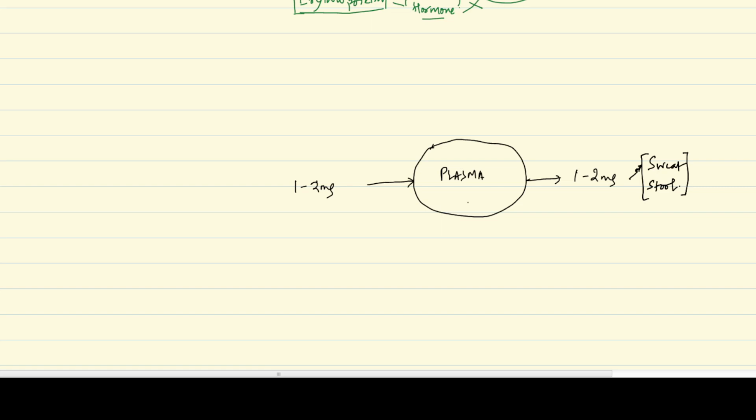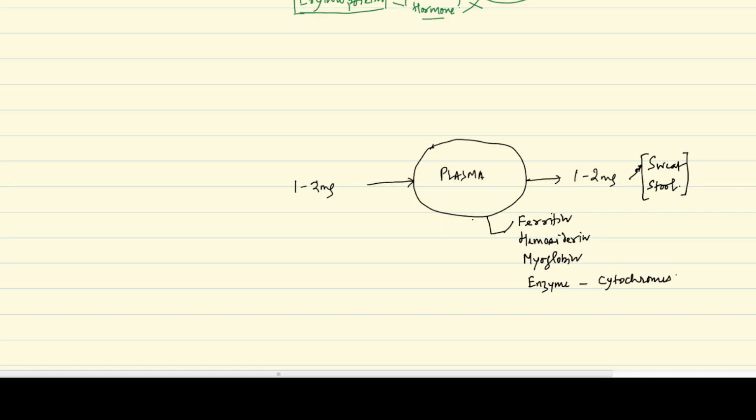Okay, and it is also stored within the body. It's stored in the form of ferritin, hemosiderin. It's stored as myoglobin, certain enzymes like cytochromes.